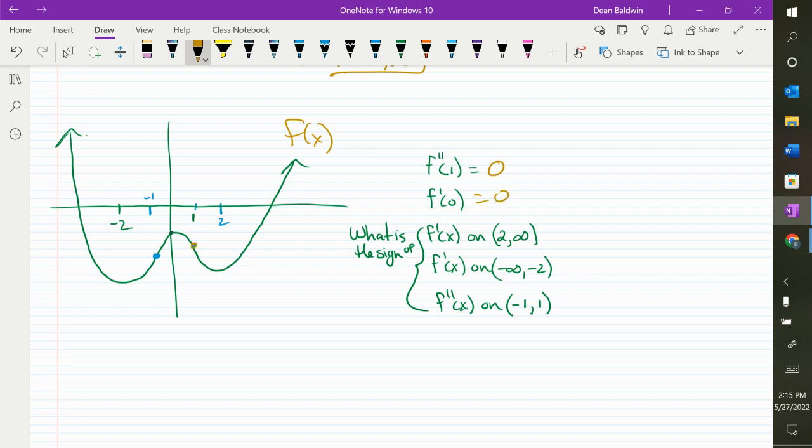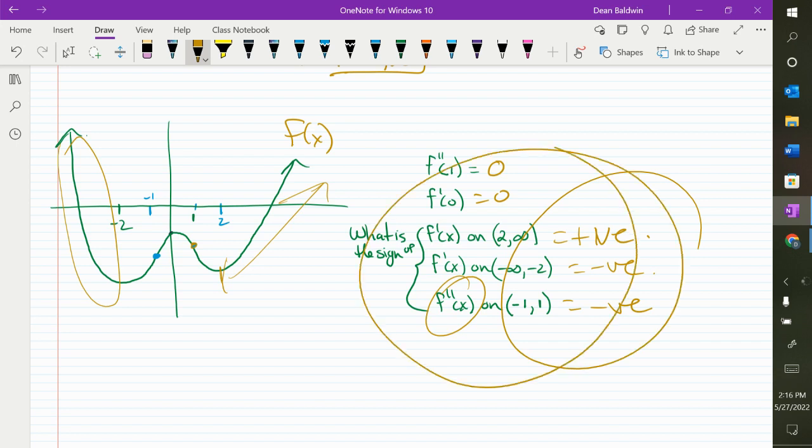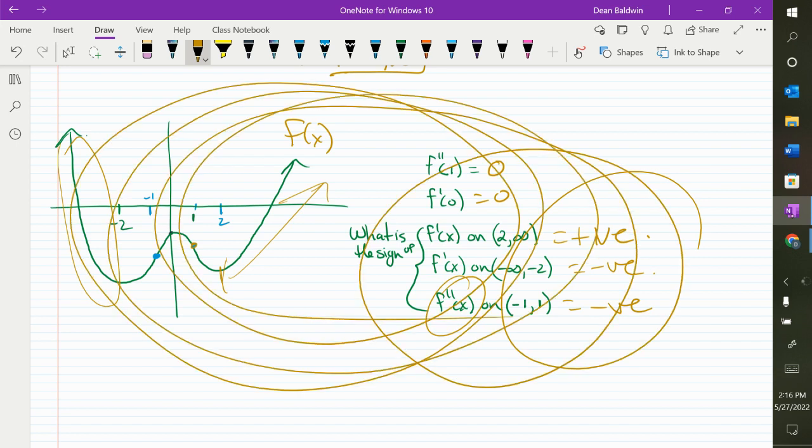Okay. What is the sign of the first derivative on the interval 2 to infinity? In other words, is the graph going up or down? It's going up from here on. So that means the first derivative has to be positive. And from negative infinity to 2, it's negative. And then from negative 1 to 1, I'm asking you about the second derivative, which talks about concavity. Is it concave up or concave down on that interval? Down. So you have to know how to do a question like that.